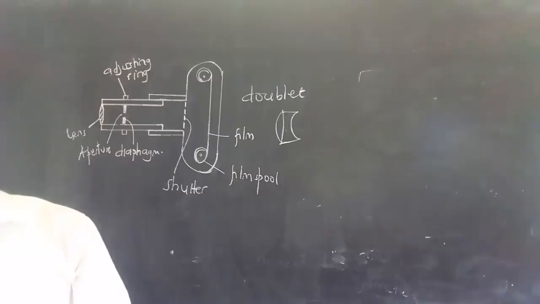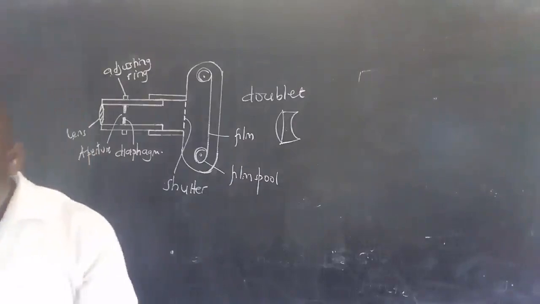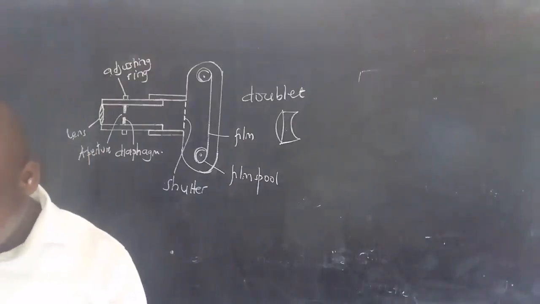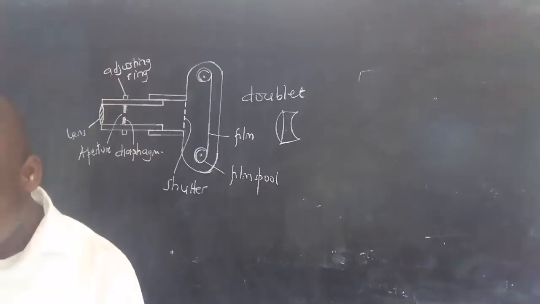Now, the human eye has the following parts: converging lens, which focuses the image onto the retina; iris, which controls the amount of light entering the eye by controlling the size of the pupil; number 3, pupil, which is a circular opening through which light enters the eye; retina, this is the light sensitive part where the image is formed.